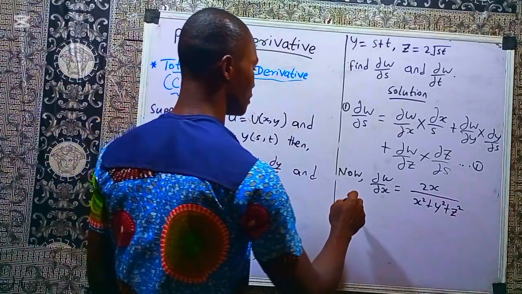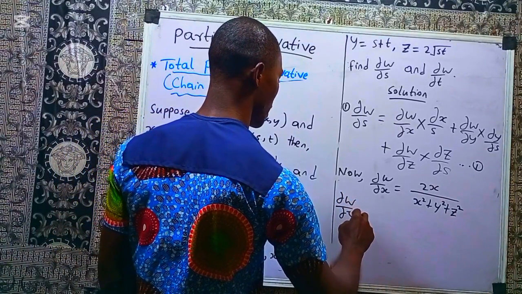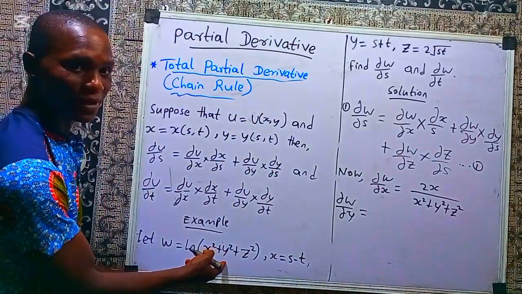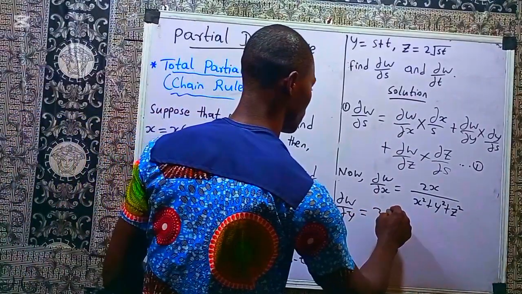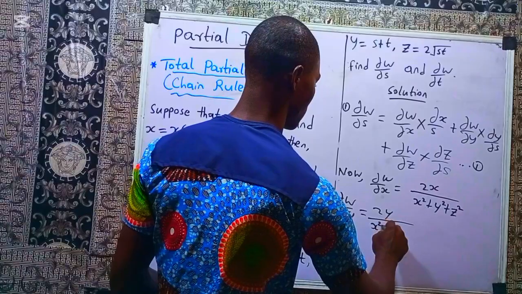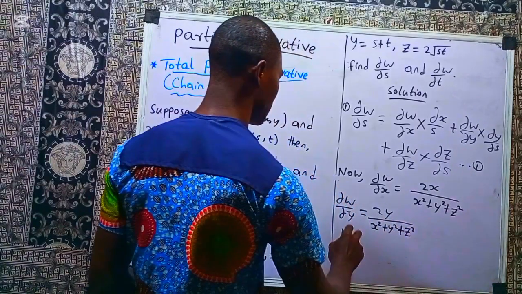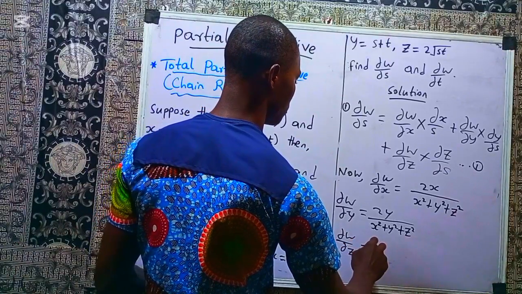That's it. Then similarly, what is partial w partial y? In a similar way, this time you differentiate the y inside the ln. You have 2y divided by the whole of the quantity, x squared plus y squared plus z squared. Then what is partial w partial z? It will be equal to what?